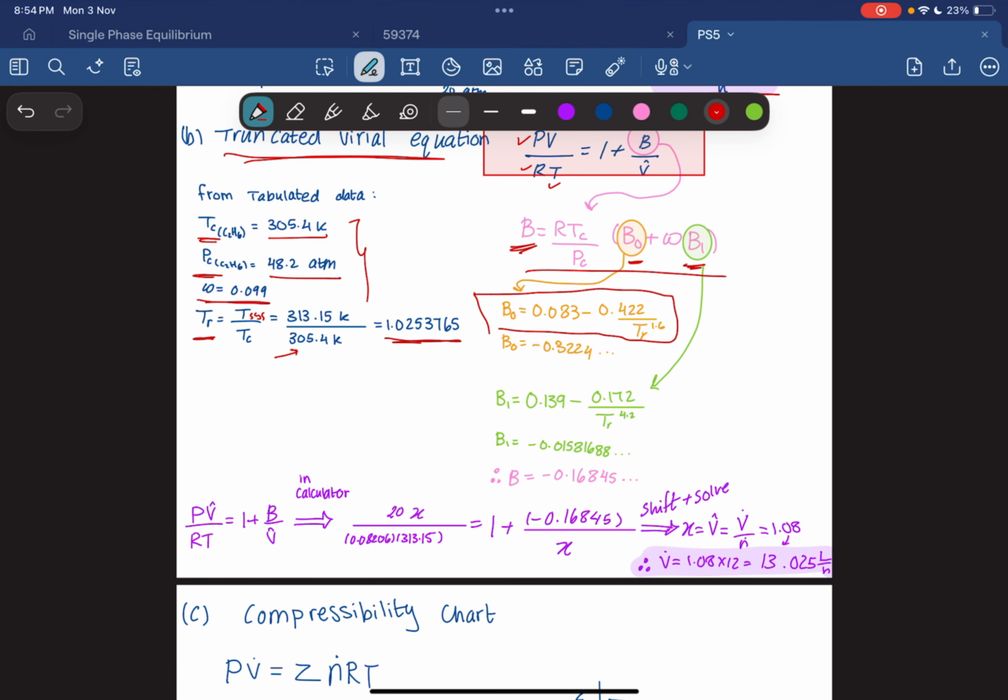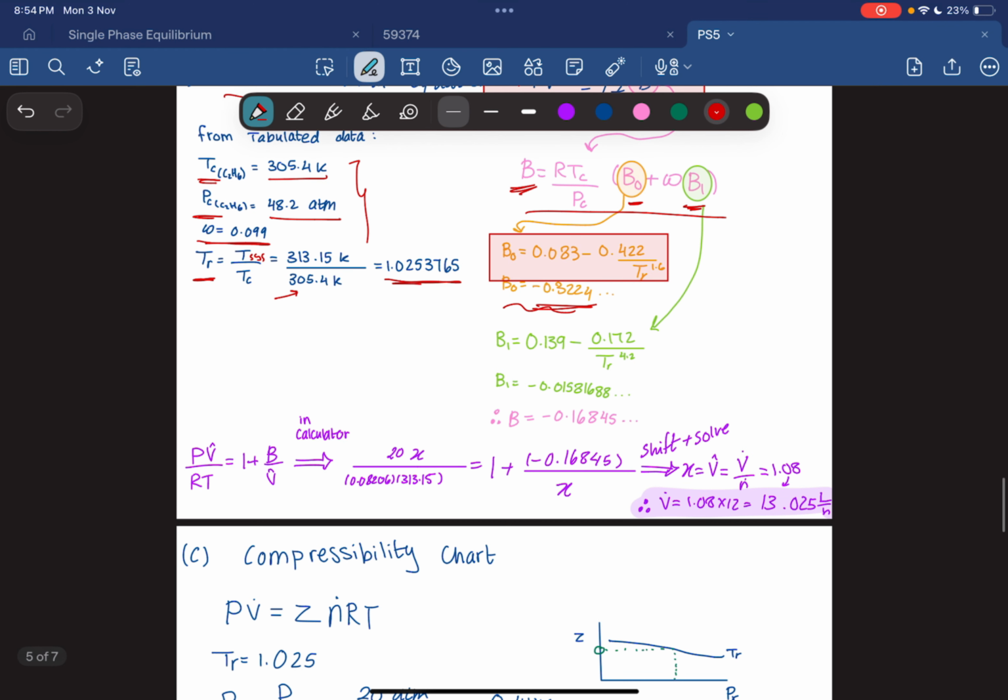You will substitute T reduced in here to arrive to this value of B0. And then for B1, you will use this equation, and then you will also use the reduced temperature, and you will arrive to this value.